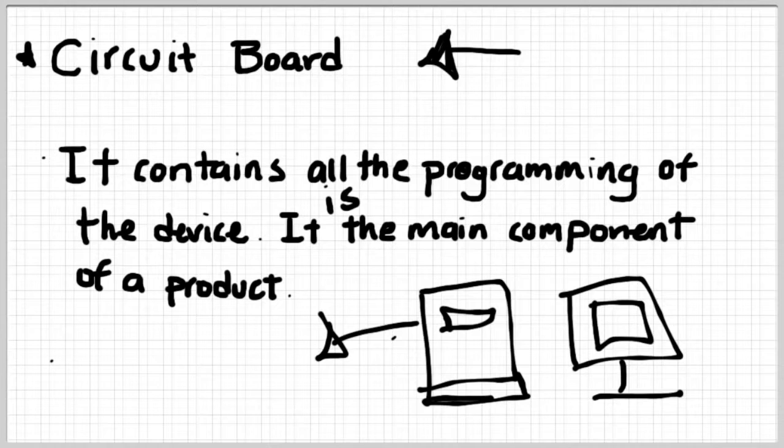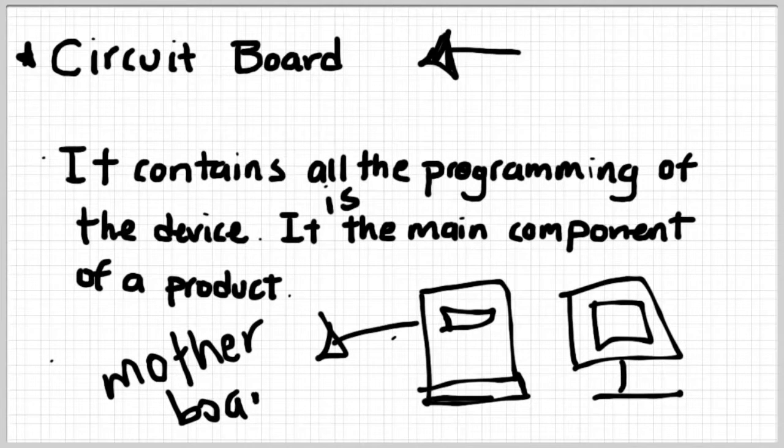So inside this part we would have the motherboard, which is nothing else but a circuit board that includes the processor. We can attach the RAM memory, we can attach our HDDs or hard drives, etc. So the main board is basically a big circuit board, including all the programming and the features of whatever device we're using.